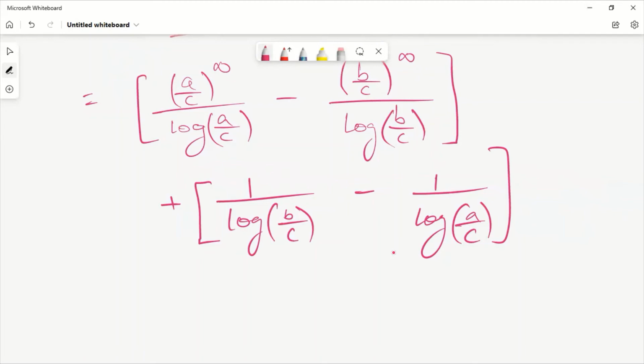So here if you see, a is less than c, and b is also less than c. When they are less than c, for example, let's take 2 by 3, where 2 is less than 3, the denominator value is greater than the numerator value, so you will get approximately 0 point something.